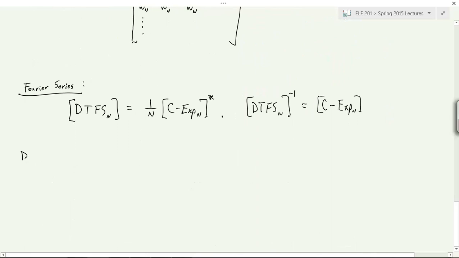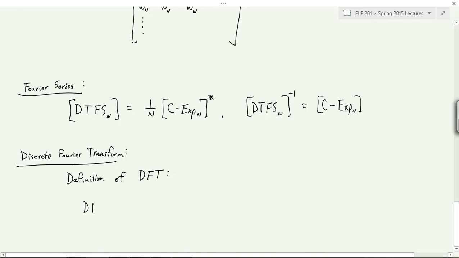Now, the so-called discrete Fourier transform, here I'm finally going to give you the actual definition of it. It's just the following.